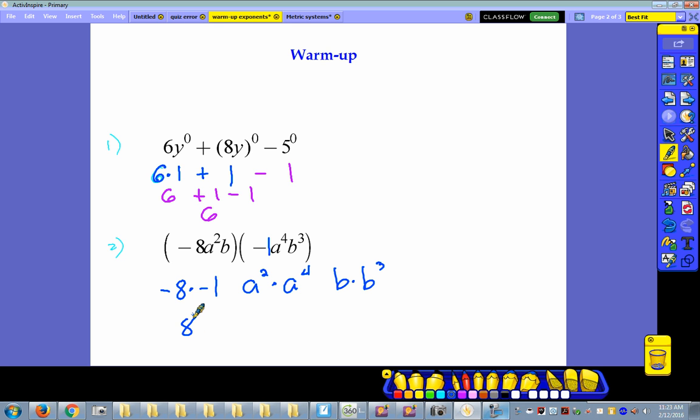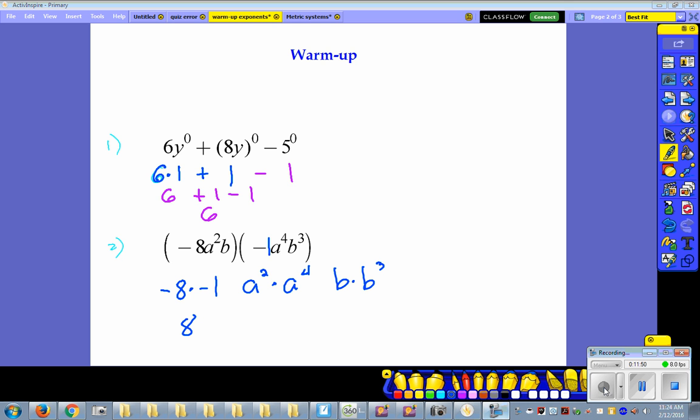Now, what's negative 8 times negative 1? Positive 8. Now, we have the same base here. So what should we do again? If we multiply a monomial with the same base, keep the base, a, and then add the exponents. 2 plus 4 will give us 6. Note that the b here has no exponent, so we have to write the exponent first, and that's equal to 1.